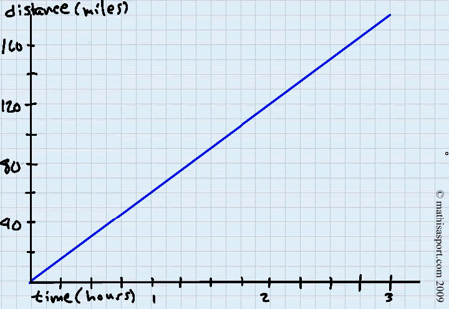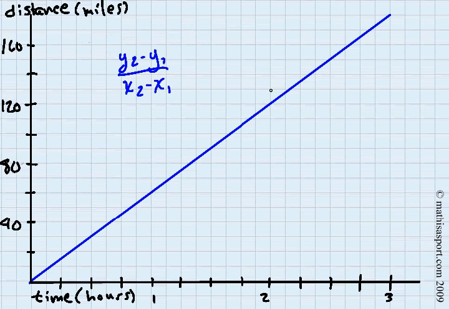There's one other question I want to ask about this graph, and that is, what is its slope? Well, we all know how to calculate slope. Slope is just y2 minus y1 over x2 minus x1.